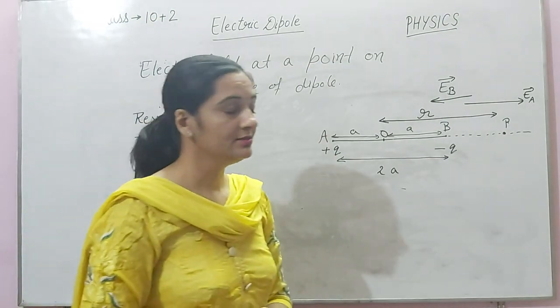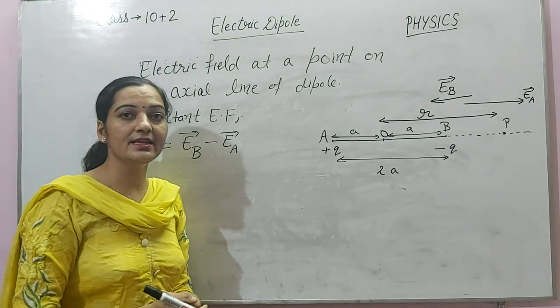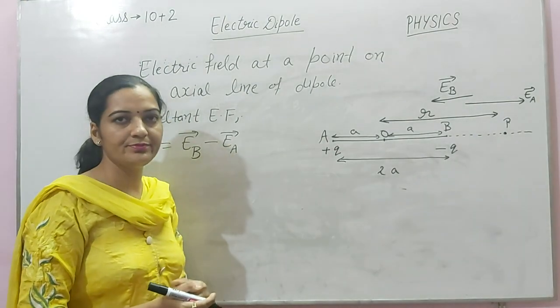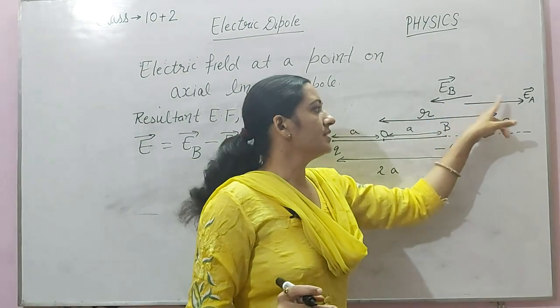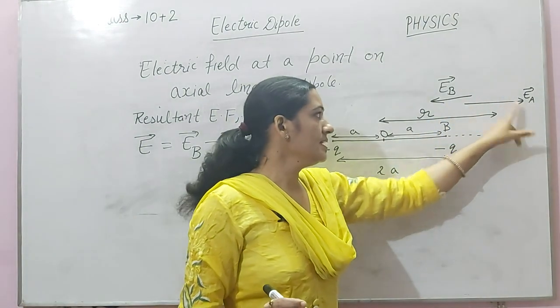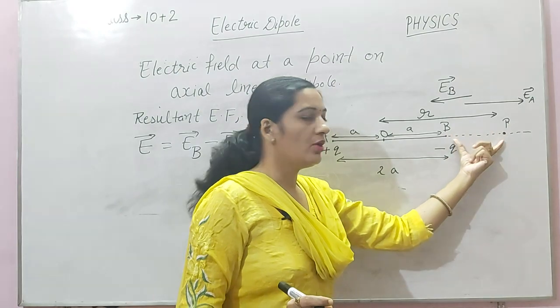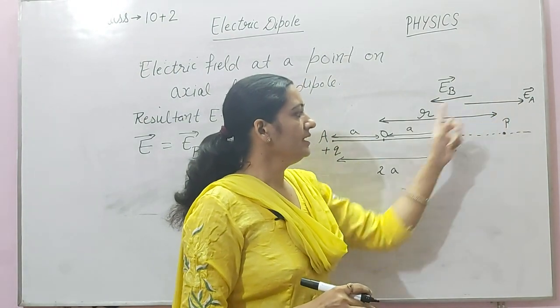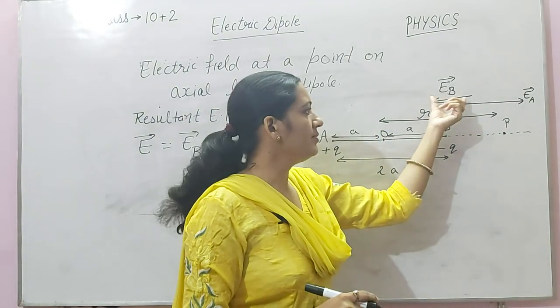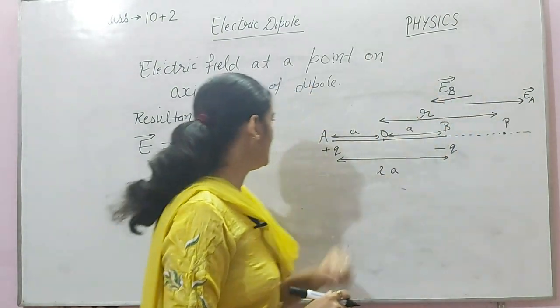Now you will think, ma'am, why EB minus EA, not EA minus EB? It is because I know that EB is greater than EA, because in case of EB there is small distance, inversely proportional, and in EA there is large distance. So EB value is greater than EA.